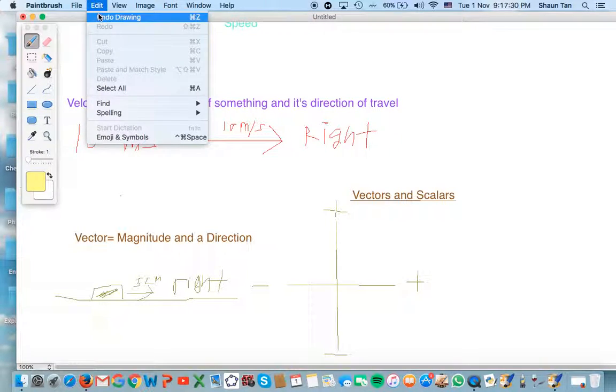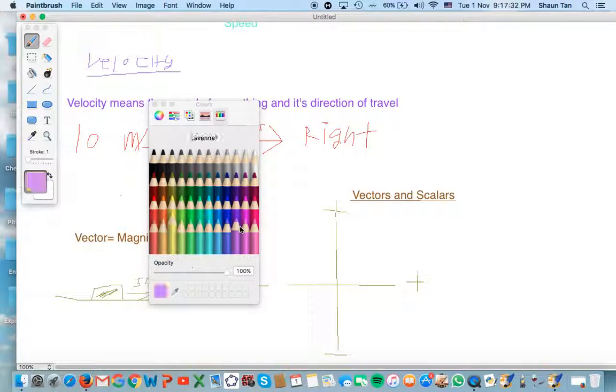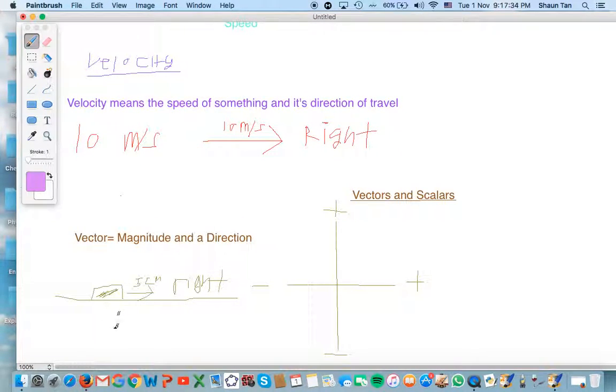So in this case, it'll be 5 cm to the right. So I move this brick 5 cm to the right.